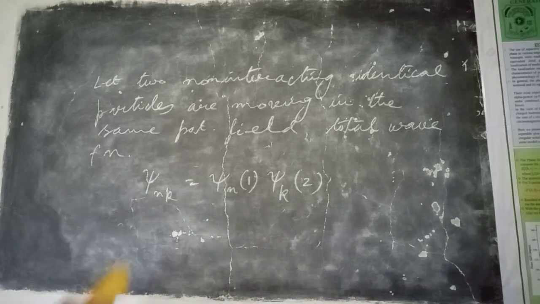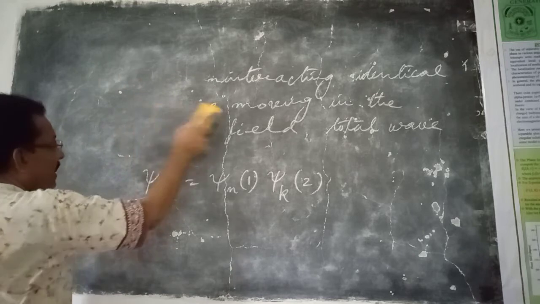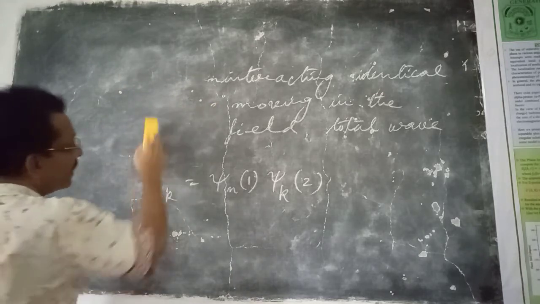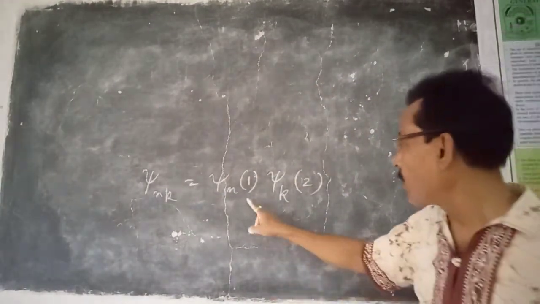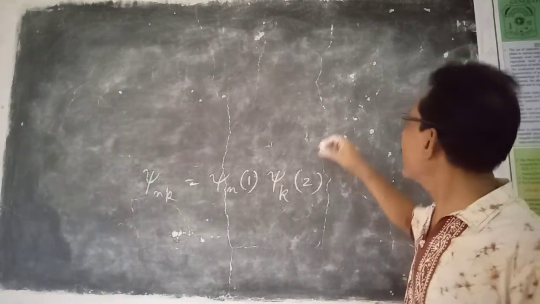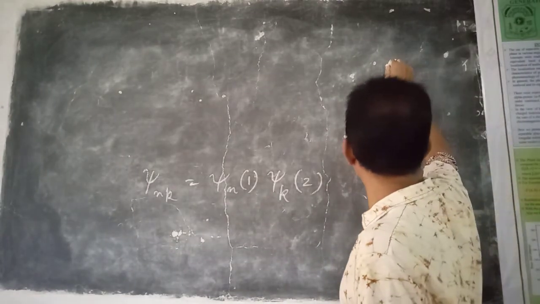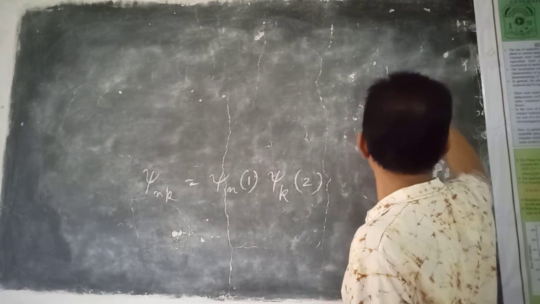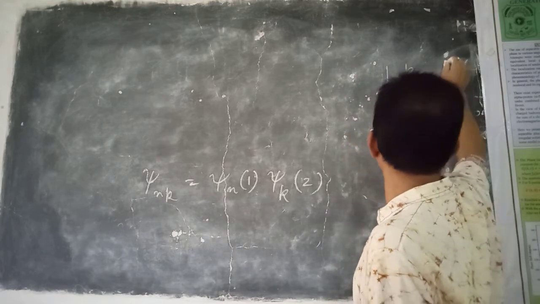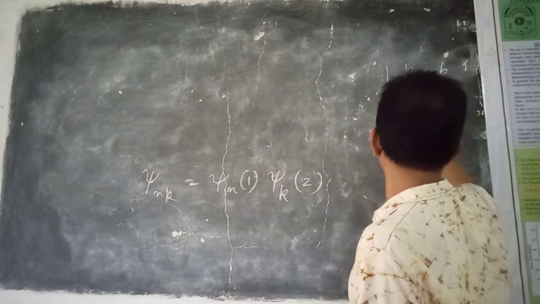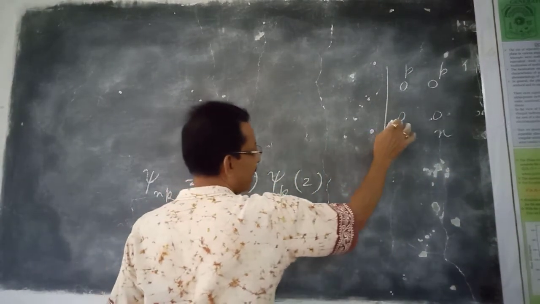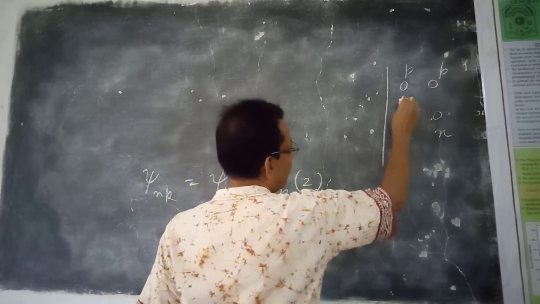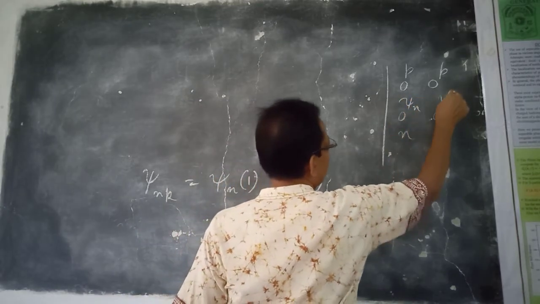But the wave function written in this fashion is not acceptable for two identical particles, because if the particles are identical, then we cannot designate them as 1 and 2. Suppose two protons or two neutrons are there, one at psi n and one at psi k.